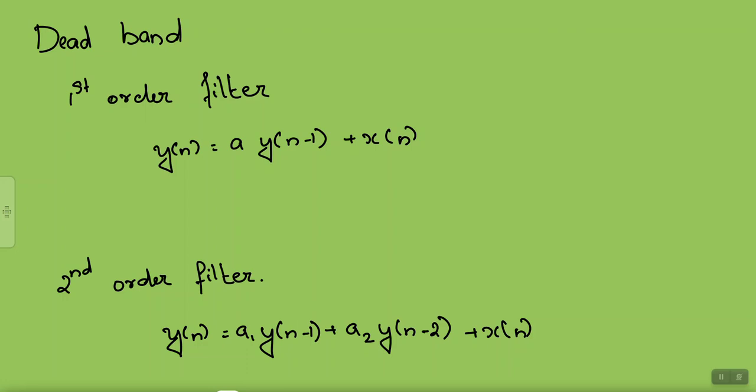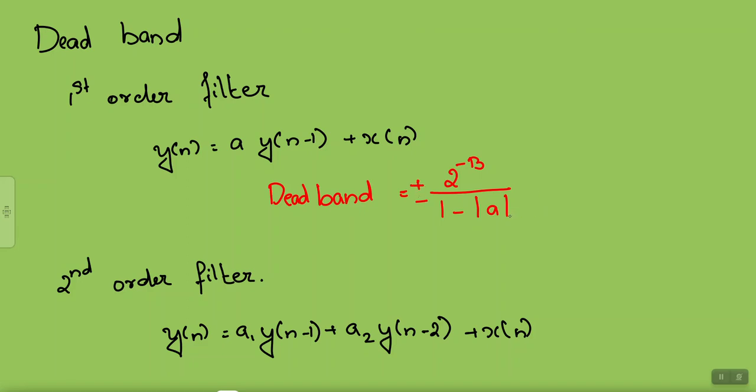For a first order filter, consider its response as y of n is equal to a into y of n minus 1 plus x of n. The deadband will be plus or minus 2 raised to minus b divided by 1 minus modulus of a.